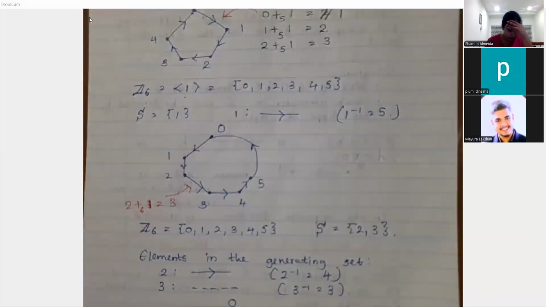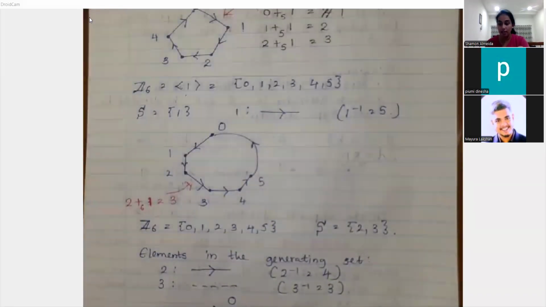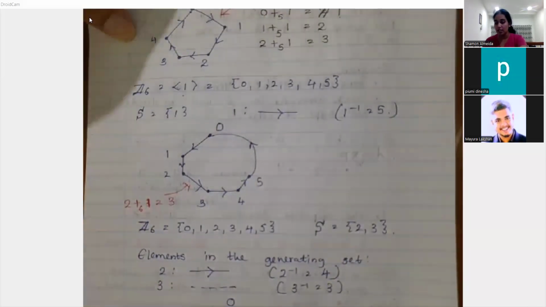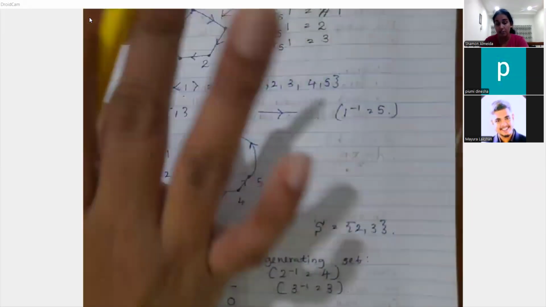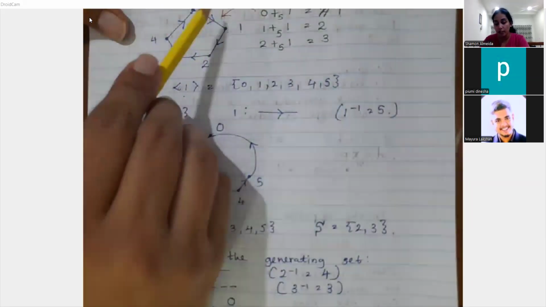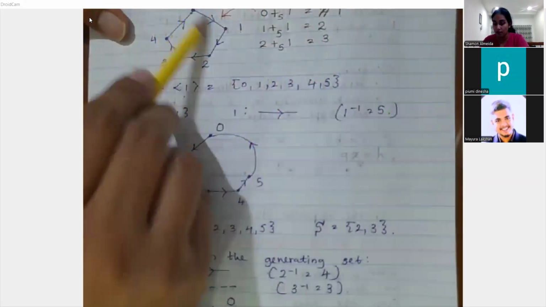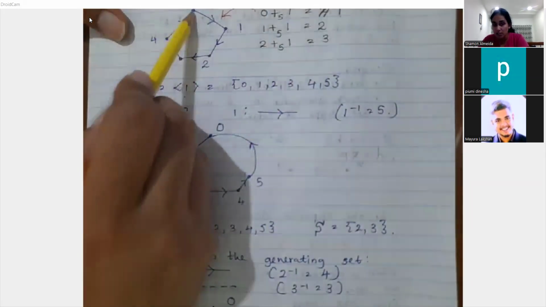On the other hand, we have at most one edge going from a vertex G to a vertex H, right? Why is it at most one edge? Now, in this case, we have one edge going from 0 to 1. There is no other edge going from 0 to 1, only one edge. This other edge that you see over here is coming towards 0.